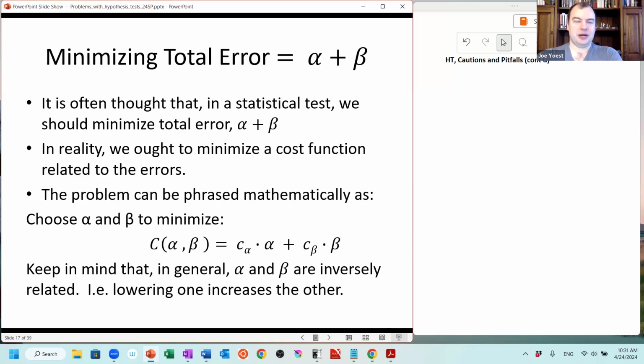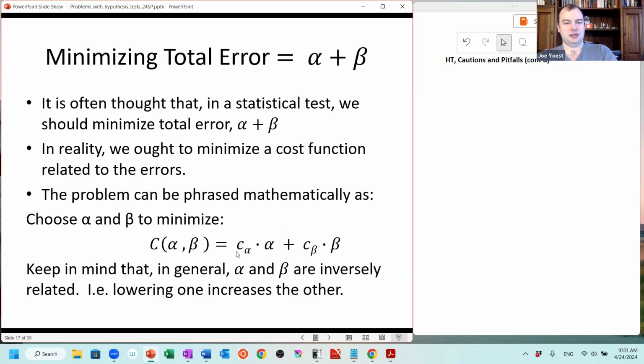Now, practically speaking, if you write a paper and you're going to publish it in a journal and they say we use alpha equals 5%, well, you're going to use alpha equals 5% because they said so and you want to publish it. But if you wanted to look a little more deeply into this, or maybe even put a note in there, this might be something to think about. Could we minimize something like a cost function of the two errors?